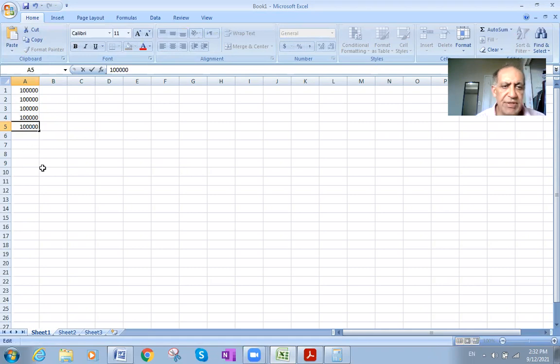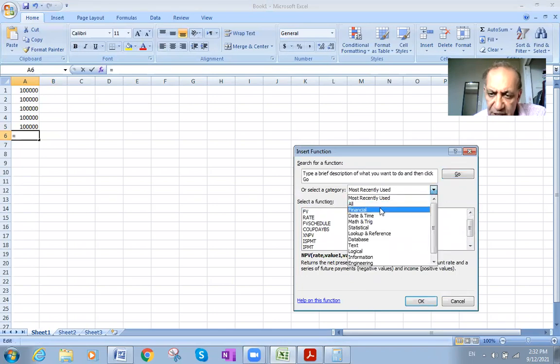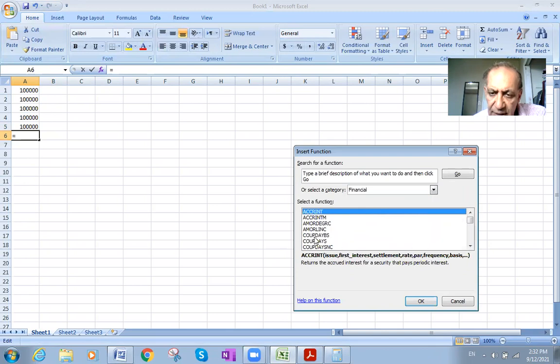So all the amounts are 100,000. And now I want to get the built-in function of the present value. I will go to the net present value, or NPV. I will check from the financial functions, and then I will take the NPV, net present value.